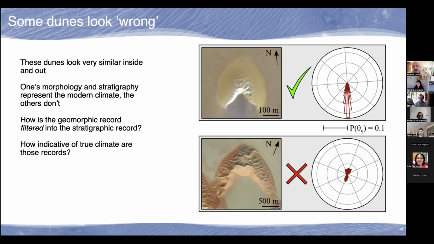If we go in and start dating sediments and looking at other properties, such as the types of sand grains in there, calcrete and silcrete precipitation, which happens due to more temperate environments, there are all sorts of other sedimentological proxies that people have used to get a better understanding of past climate from aeolian systems than just the geomorphology. So I think the geomorphology can only take you so far.